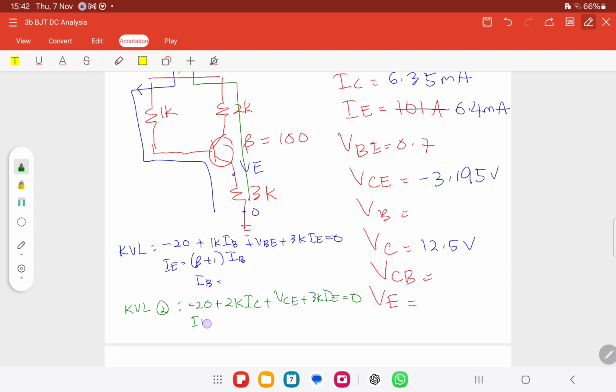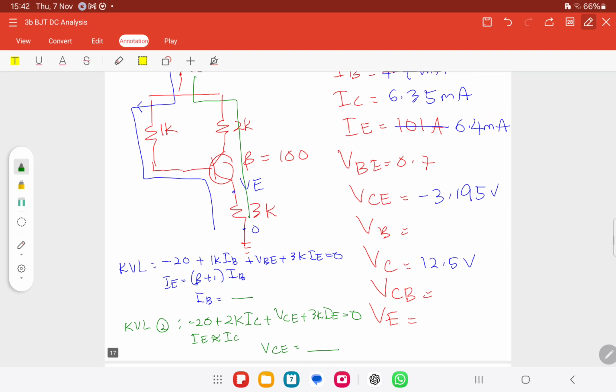So you boleh gantikan IE equals to IC. Boleh dapat the VCE. Yang mana 11.9? Ini salah lah. Okey. Negatif juga. Okey. Macam pelik sikit, tapi tak apa. Biasanya dia tak negatif. Mungkin VCC tu kena value yang lebih besar lah.